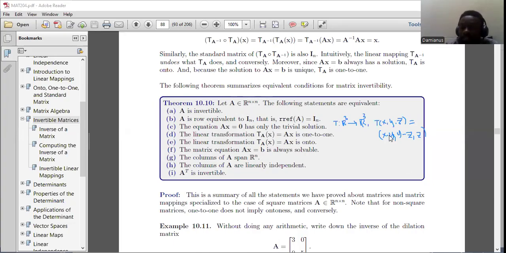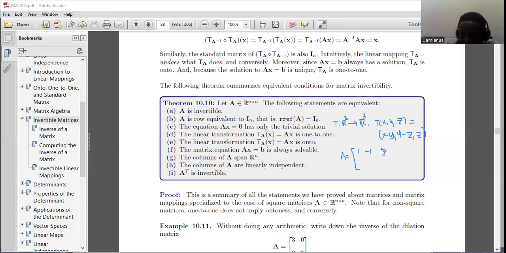And do you know what the matrix of this linear transformation is? Just pick the coefficients of this. This will form row 1, row 2, row 3. So our matrix A is: row 1 is going to be 1, because it corresponds to the coefficient of x, then minus 1, and then 0, because there's no z.